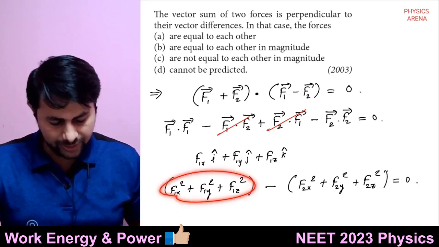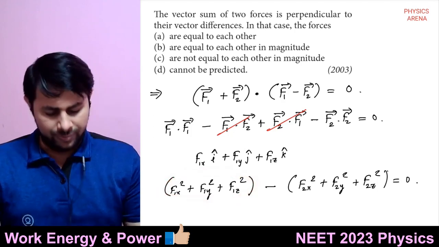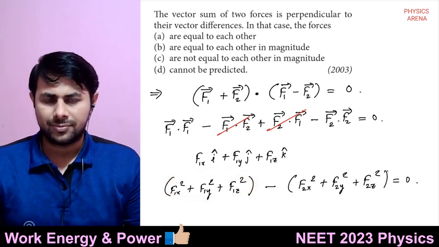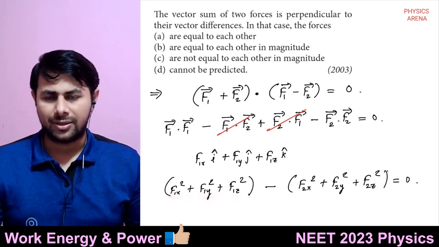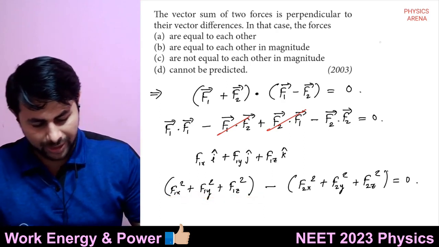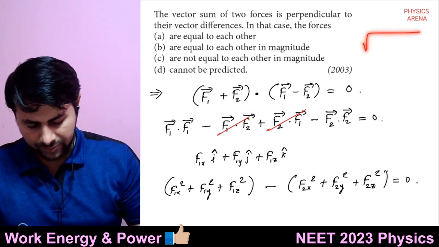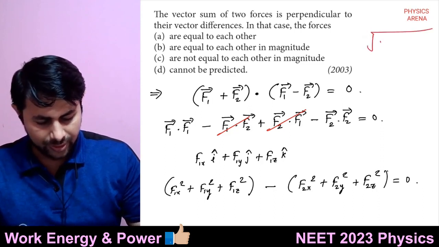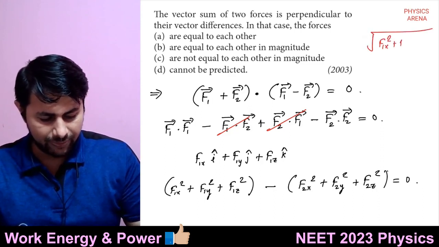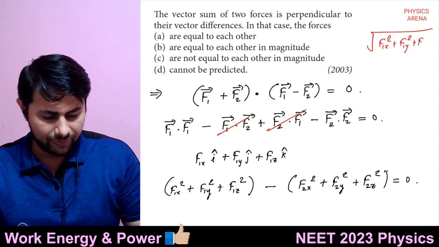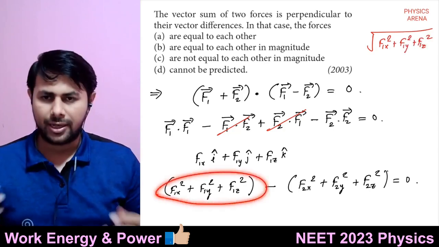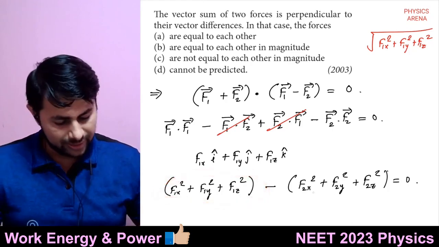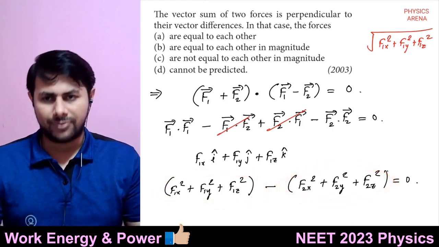So what is this thing? It is the magnitude of f1 bar square, right? The magnitude of f1 bar is the square root of f1x square plus f1y square plus f1z square. So this is the magnitude of f1 bar square and this is the magnitude of f2 bar square.